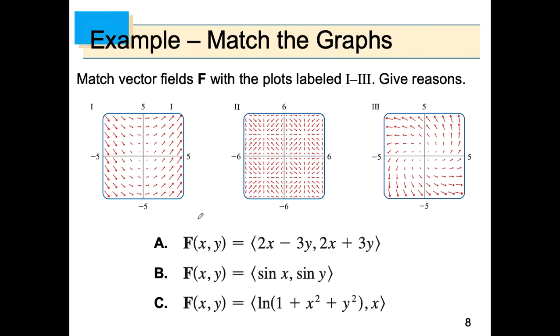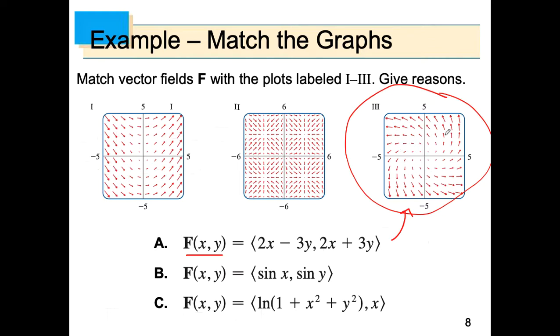Let's start with this first vector field here, A. Which one of these pictures matches with this vector field A? Vector field A here actually matches with graph 3. And the reason why is, if you take a look, notice what's happening here.